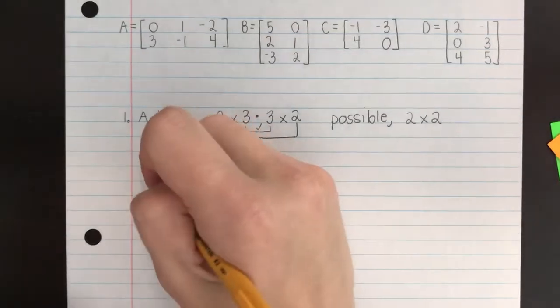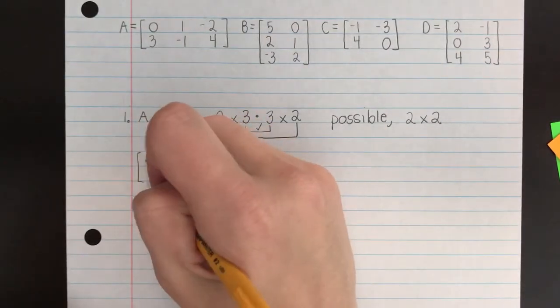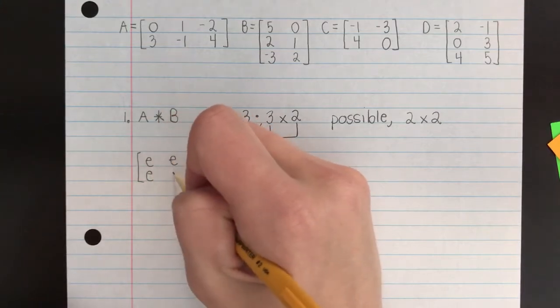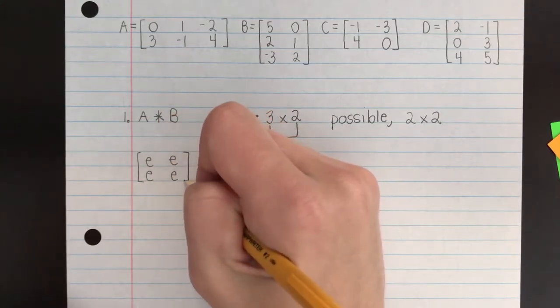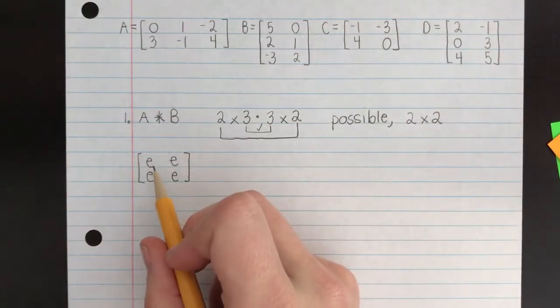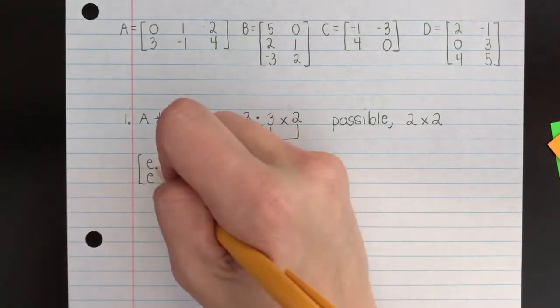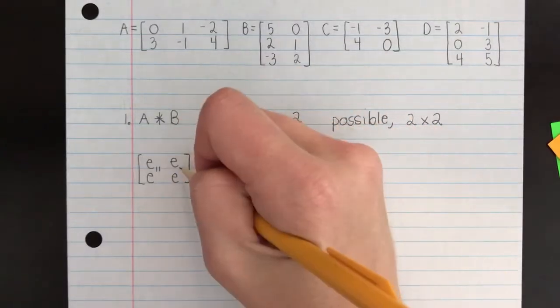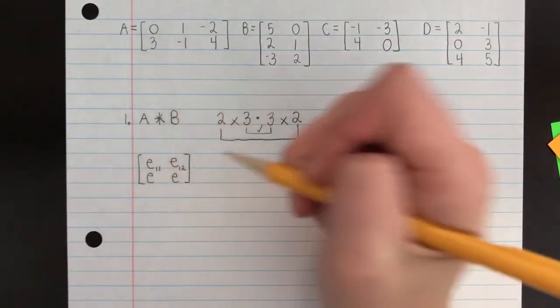Okay, so I'm going to draw myself a 2 by 2 matrix with elements in it. So 2 rows, 2 columns with elements in it. And I want to give the location of these elements. So this element is in the location of row 1, column 1. This element is in the location of row 1, column 2.